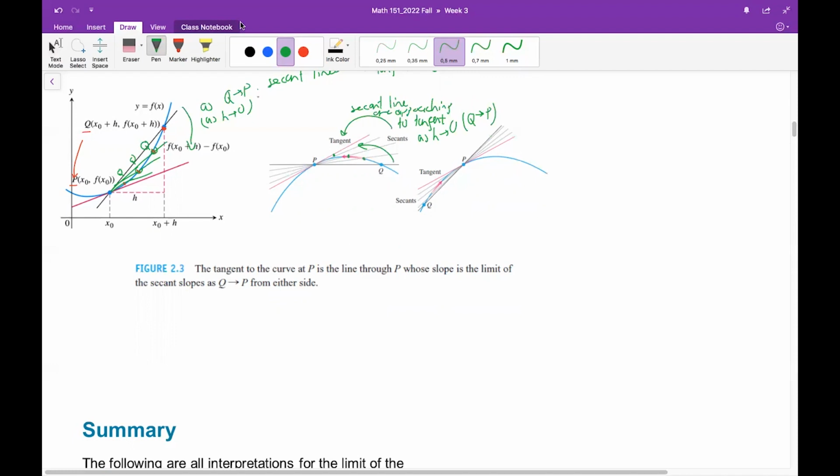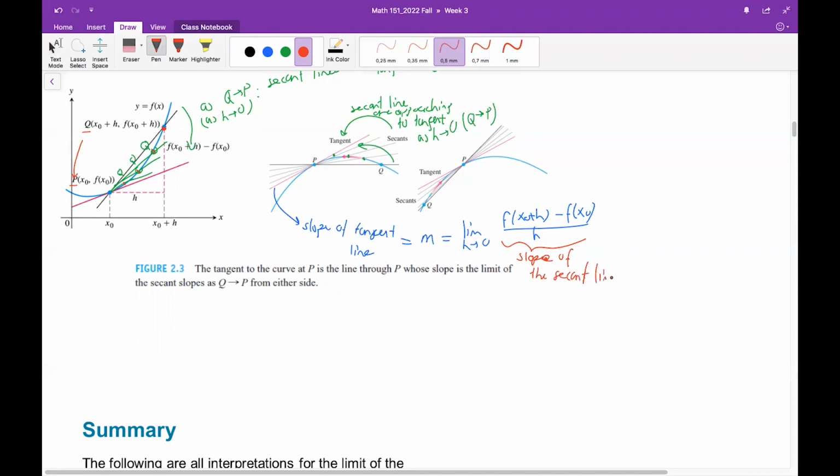And let me also put here one more time, what is the slope of this tangent line? Slope of the tangent line is denoted by m, and it is this limit: f(x0 + h) minus f(x0), divided by h, as h goes to 0. And without the limit, just this part is what? It is the slope of the secant line.